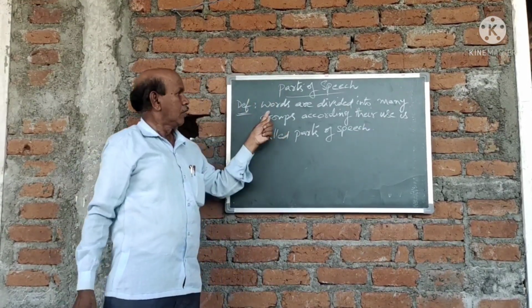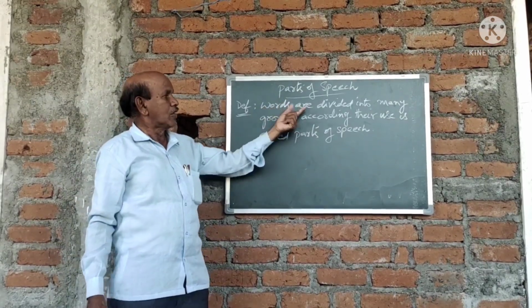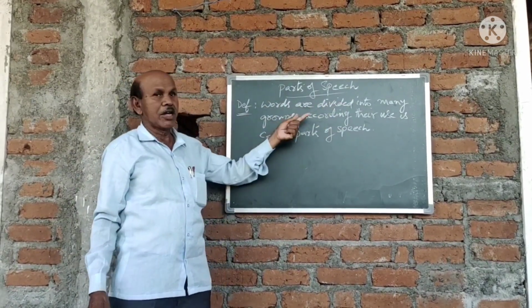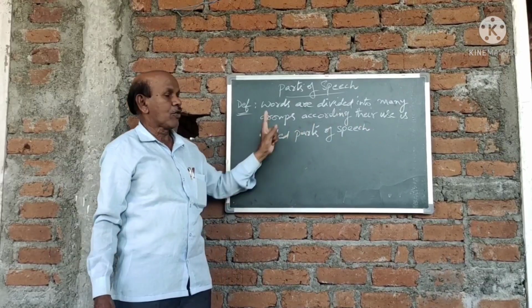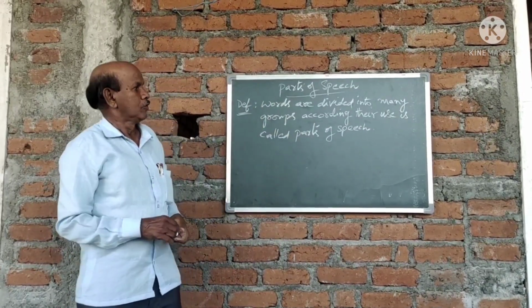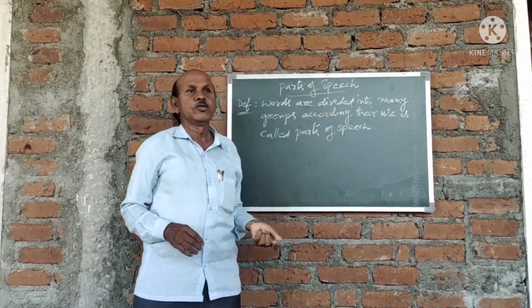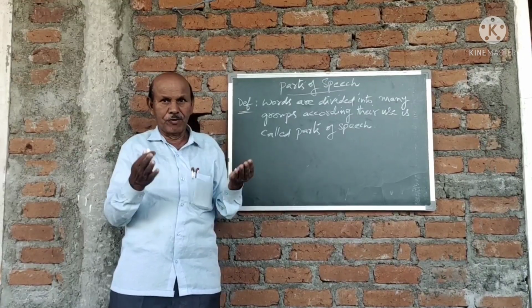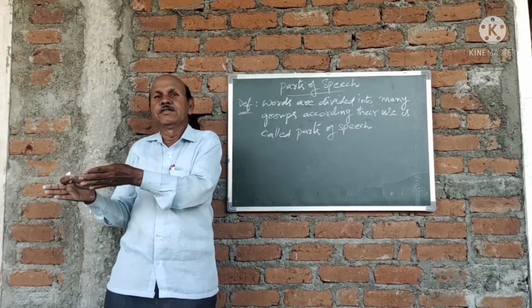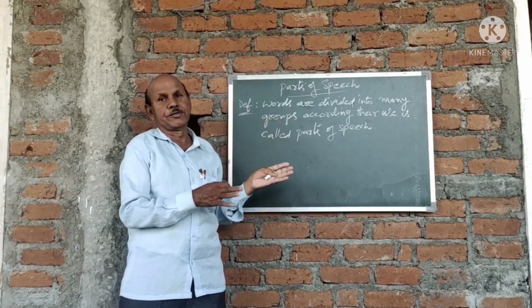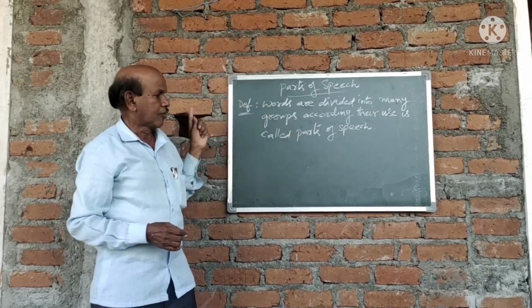So you know what is parts of speech? Words are divided into many groups according to their use is called parts of speech. So when we are talking, words are divided into some groups according to their use. That is called parts of speech.